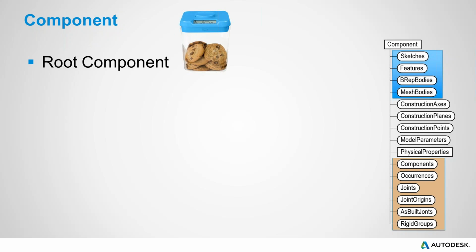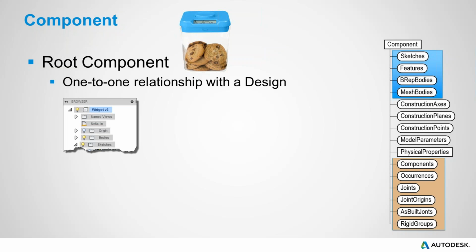So the root component is kind of a special container, and I got this picture just to show that it's a clear container. I can see what's inside it, and I can go in and manipulate the data that's inside it. A root component has a one-to-one relationship with the design, and it's represented in the browser by the top node inside the browser.